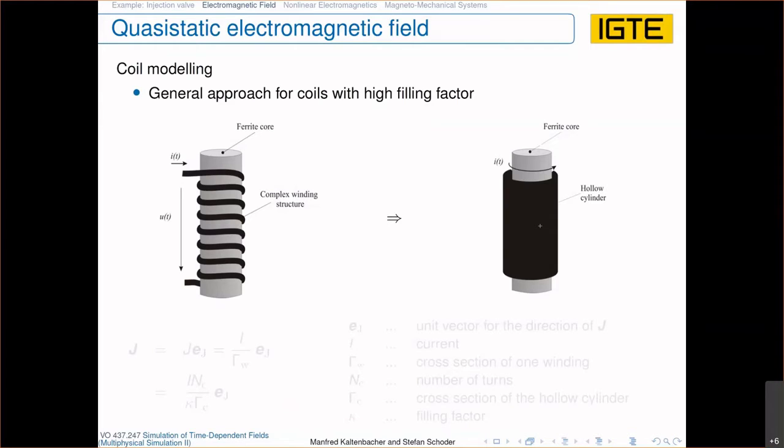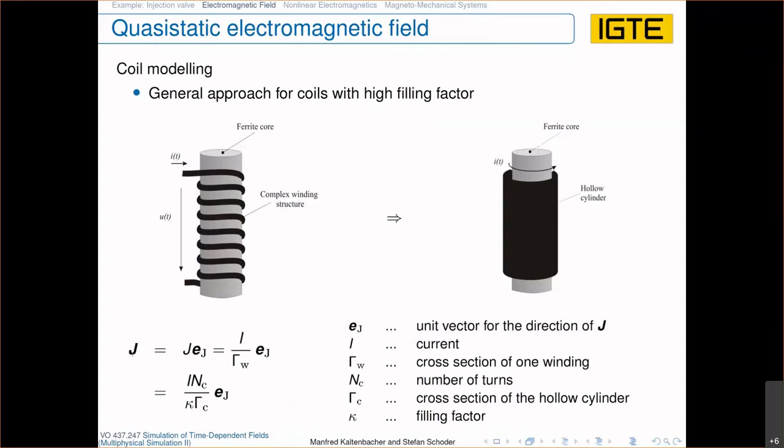In this case, the current density, which is a known quantity on the right-hand side of our partial differential equation, will also be simplified, in that you do not take into account the correct direction of the current in the winding, but you take it as a hollow cylinder, and then the current density will have, as shown here, just a unit vector in circumferential direction.